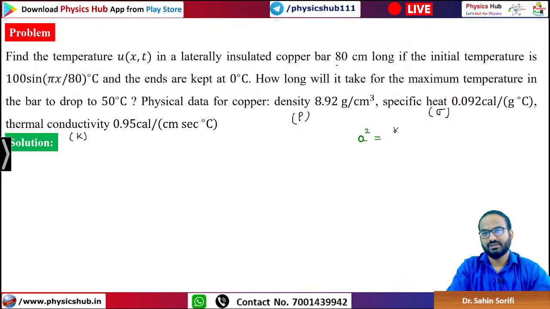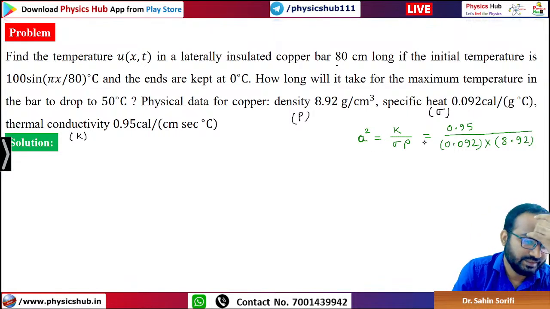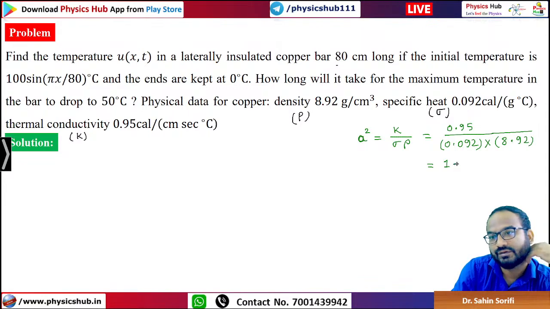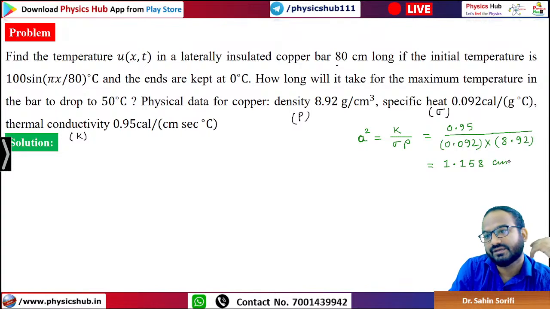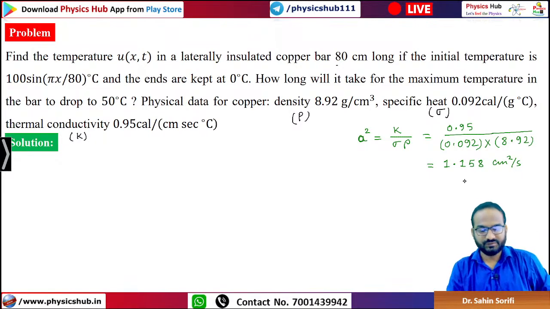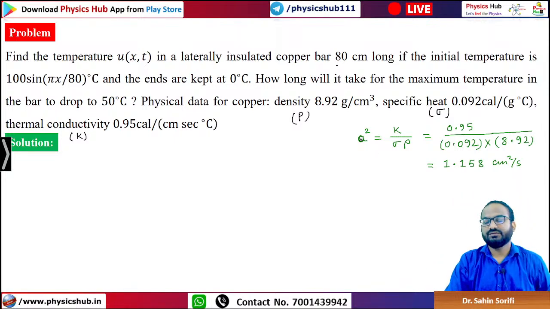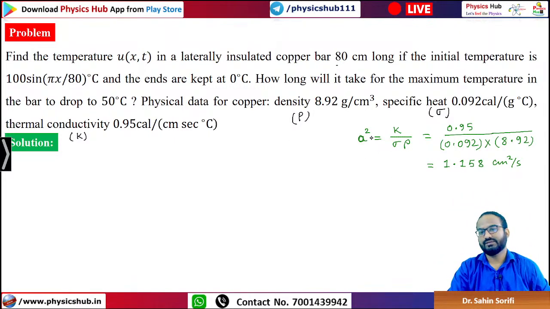A square is equal to K upon sigma rho, which is 0.95 upon sigma 0.092 times rho 8 point something. All of them are given in CGS units, so it doesn't matter, we can directly put it. If you evaluate this, you will get 1.158 centimeter square per second. This value you did not know, so I have just given you a square.